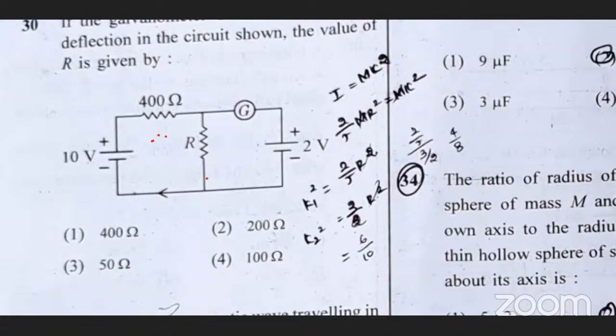So we find the value of I. The value of I is equal to 10 divided by 400 plus R. Then we know the formula V is equal to IR, which is equal to 2 volt on the right side.